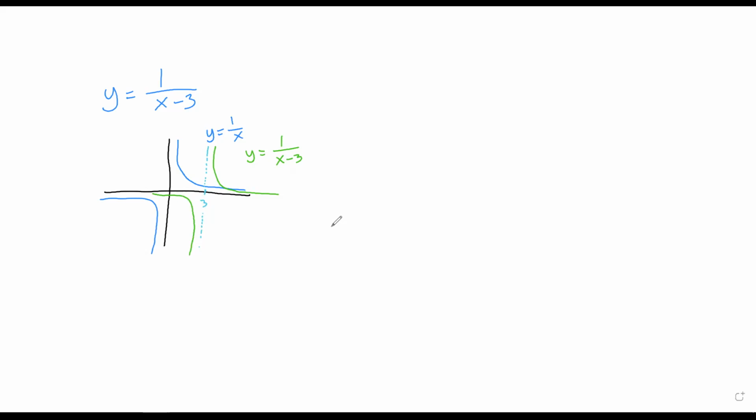So it's going to be the green. And so if I apply the horizontal line rule, we're going to see that it only intersects in one point. So this means that, is it 1-to-1? It is. And we're going to find the inverse.